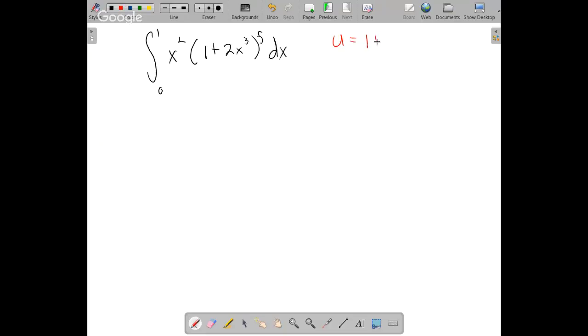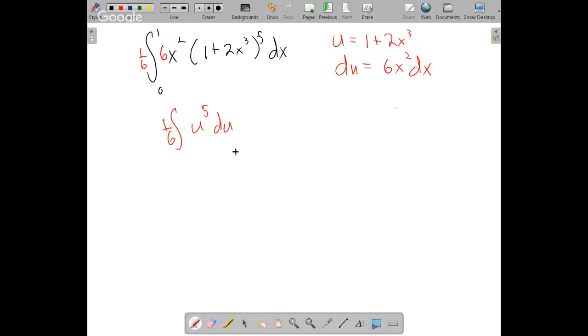If u is 1 plus 2x cubed, then du is equal to 6x squared dx. So then I chose to put a 6 here and a 1/6 outside. So that gave me the integral 1/6 times that of u to the 5th.